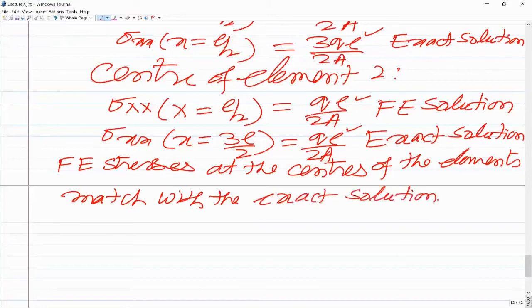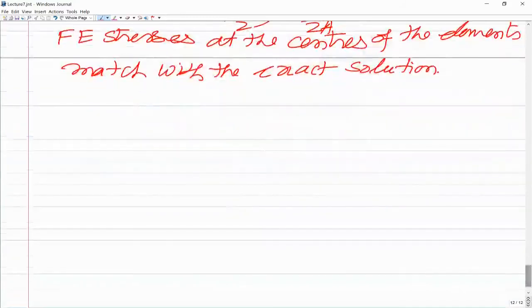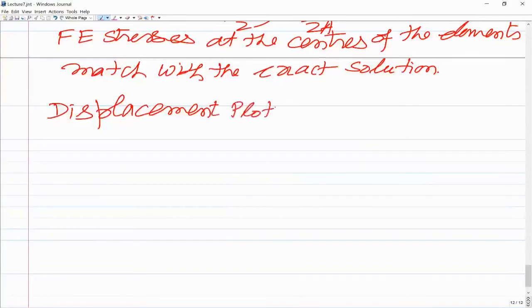So now let me plot all these things. For plotting, first let me look at the displacement. Let me show you how these results, FE and exact solution, compare. So let me just say displacement plot.